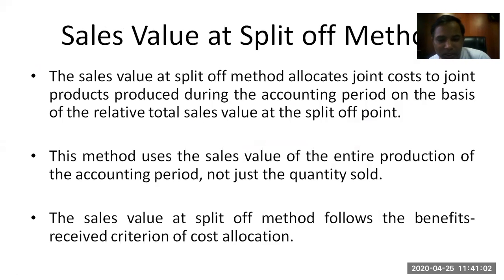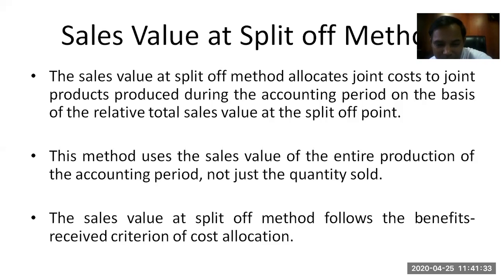This method uses the sales value of the entire production of the accounting period, not just the quantity sold. Quantity sold and quantity produced are different things. Quantity produced may be more, but quantity sold may depend on it. If we assume there is no beginning or ending inventory, then not all units produced will be sold, so goods sold will be equal to or less than goods produced.